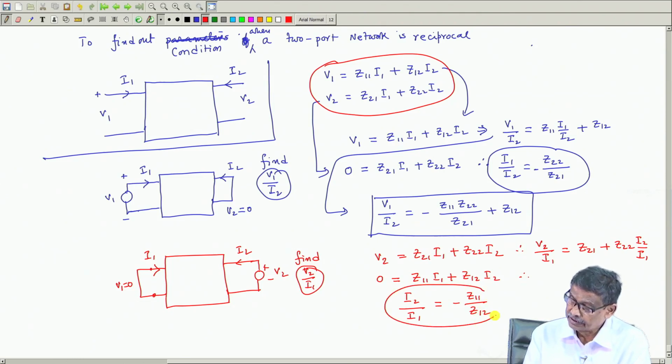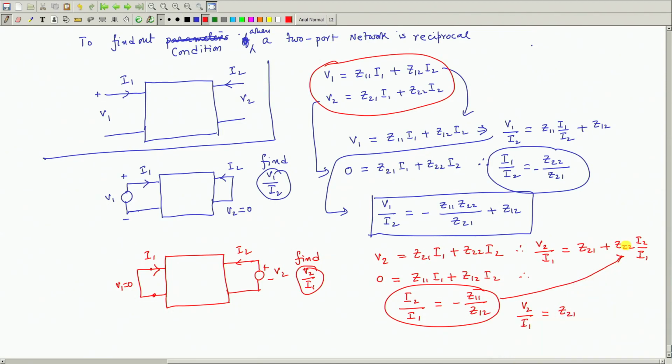I will put this here to get V 2 by I 1. Therefore, V 2 by I 1 will be equal to Z 2 1, and this minus will come, so minus Z 1 1 Z 2 2 divided by Z 1 2. This is the thing I will get.